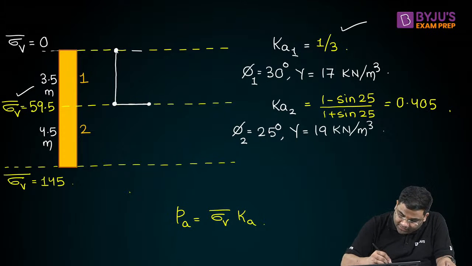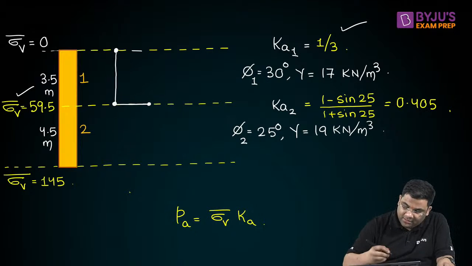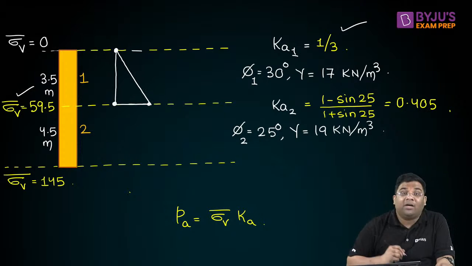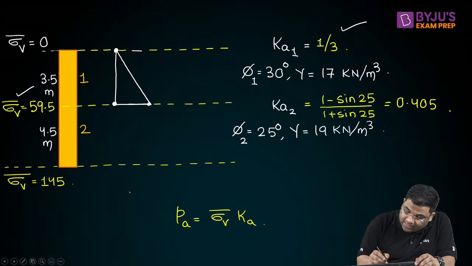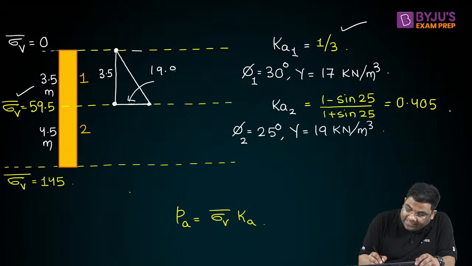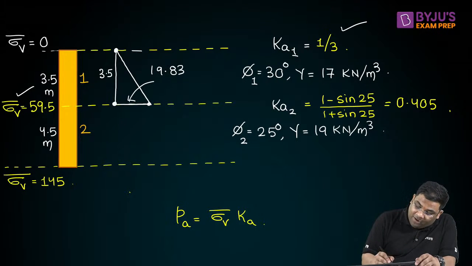So this will be the distribution of earth pressure. This is 3.5, and this will be 19.83.